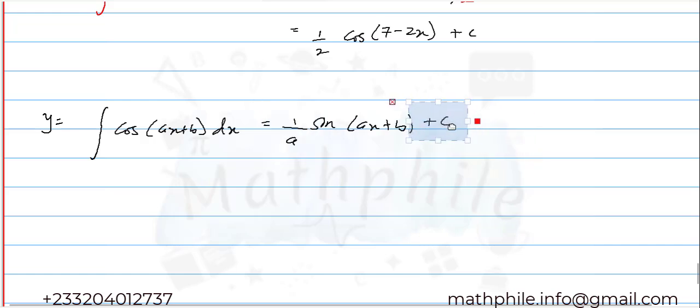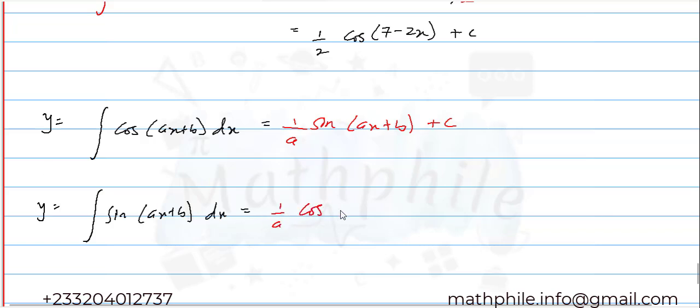So that will be better. And similarly, if we go y is equal to the integral of sine ax plus b dx, this becomes 1 over a cos. But if you integrate sine, don't forget that it's a negative. So negative cos ax plus b plus c.